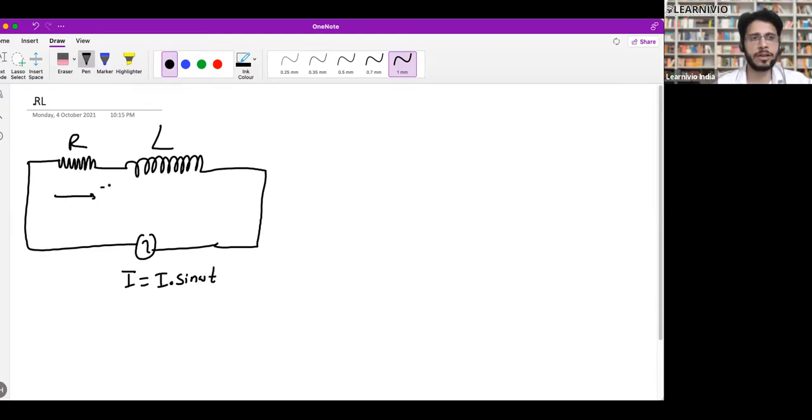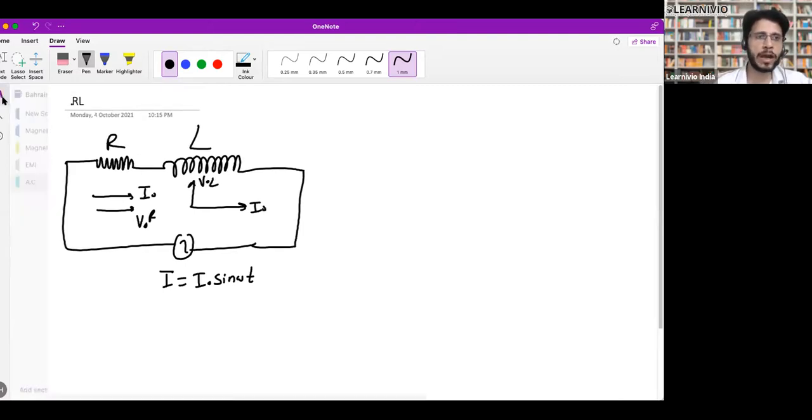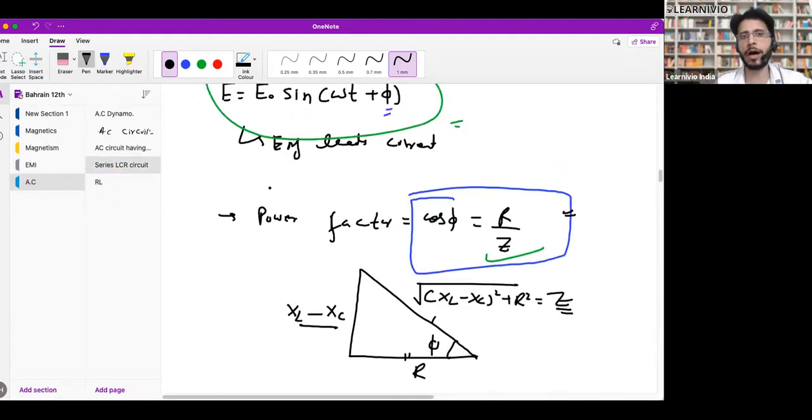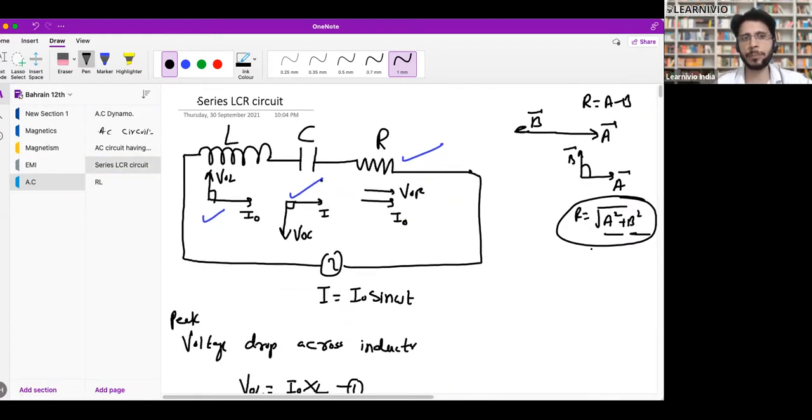So this is current I naught. Voltage would be in the same phase, V naught R. But for the inductor, voltage will lead. See, if you know LCR, that means you know RL. In LCR, just remove the capacitor. The rest is RL.